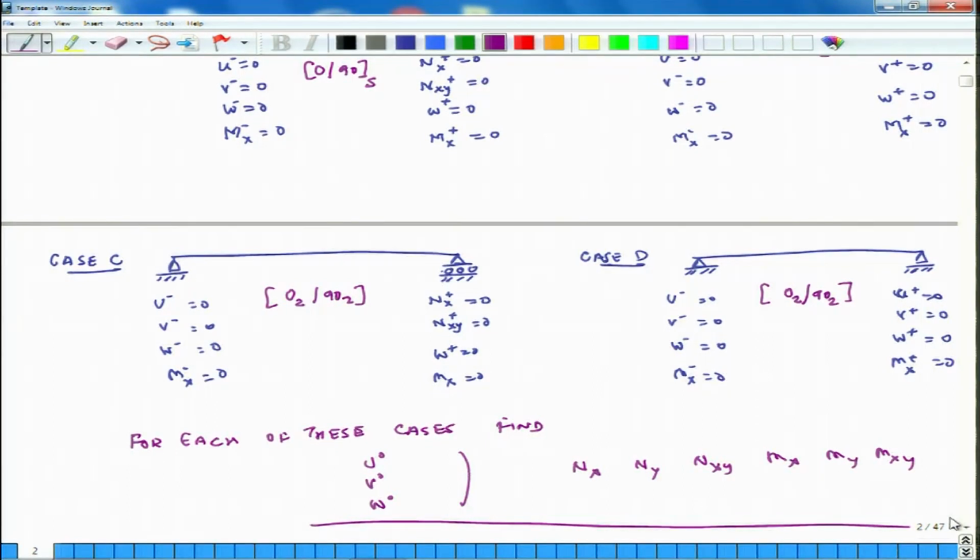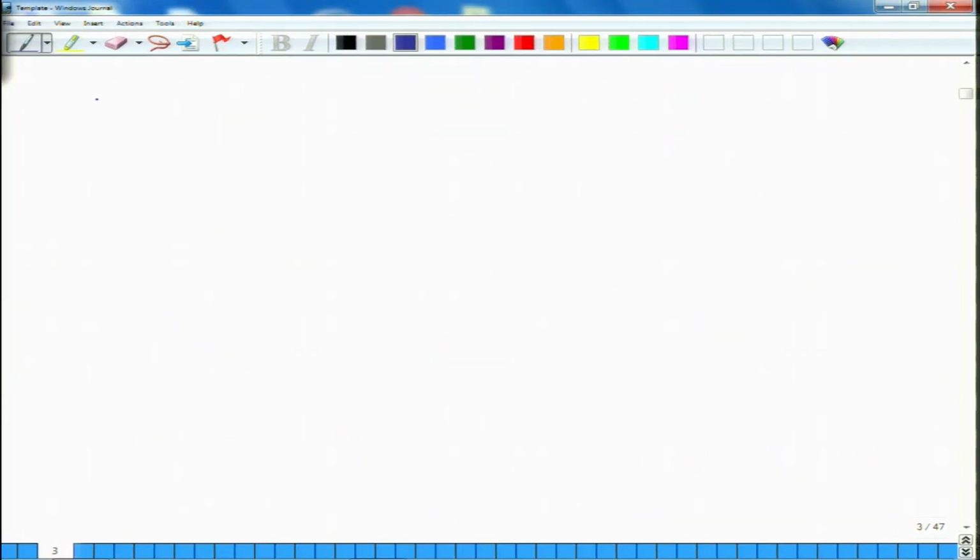So, actually before we start with case A, what we will do is we will solve the problem to a point till no boundary conditions are applied.